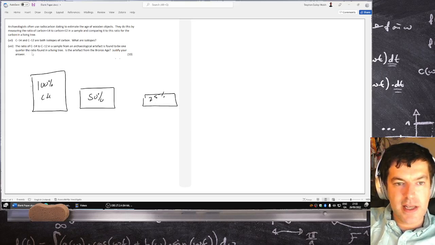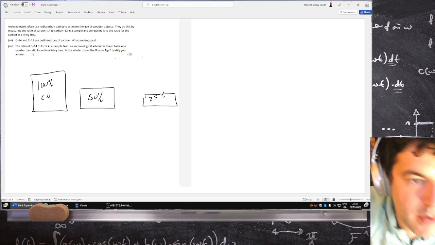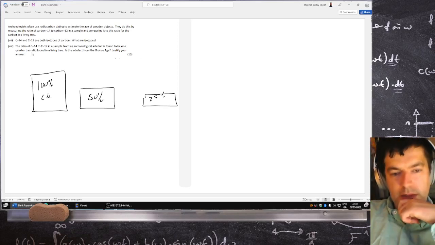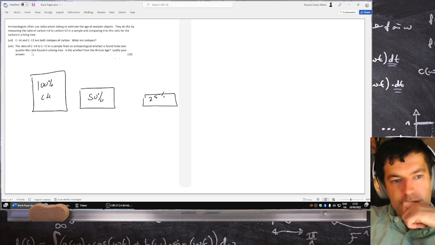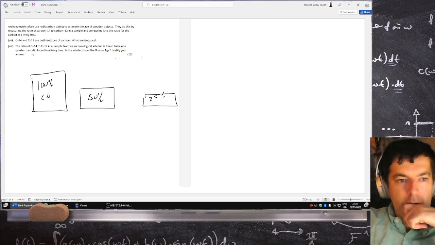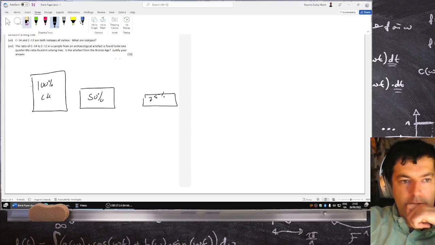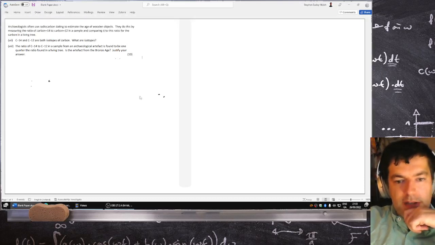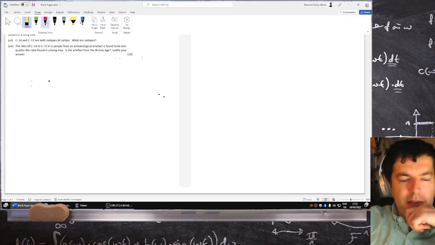The ratio in the sample is found to be 1/4 the ratio found in a living tree. Okay. So I'm not sure what the natural ratio would be to begin with.